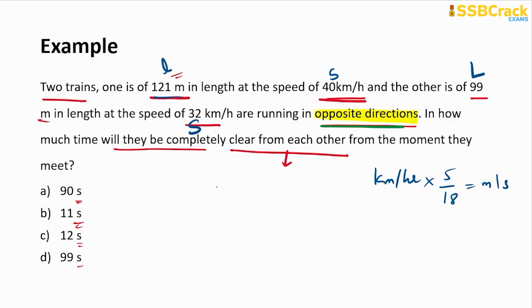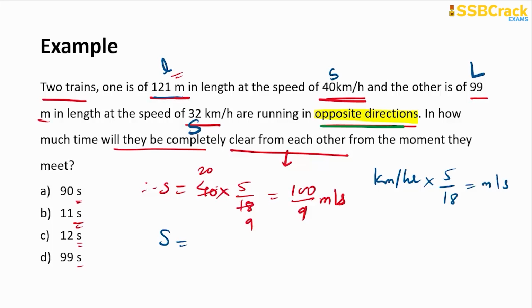So let's do that to convert the speeds. Small s is equal to 40 km per hour into 5 upon 18, so we get 20 and 9, so we'll have 100 by 9 meter per second as the speed of the first train.